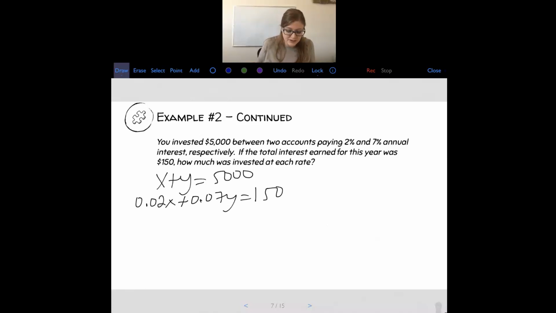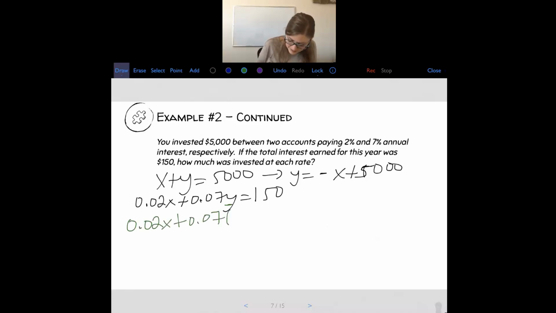What I may do for this one is solve the top one for y and substitute it into the other one. So if this is solved for y, this is y equals negative x plus 5,000. Okay, and so now we're going to take that and substitute it in for y in the second equation. So we have 0.02x plus 0.07 times (negative x plus 5,000) equals 150.